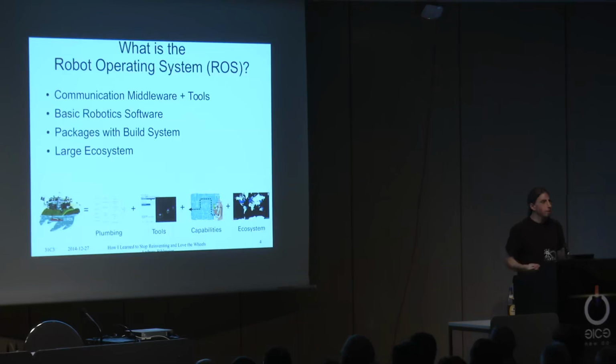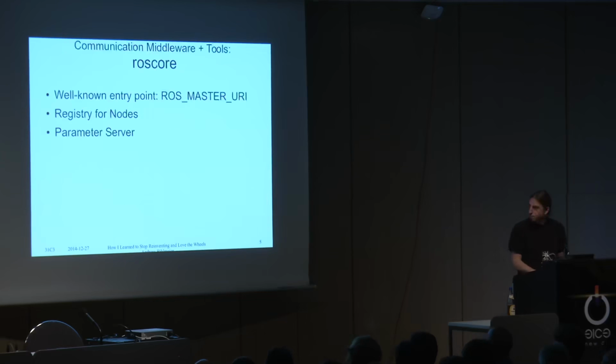But the important point is you can take ROS today, install it, which is easy, apt-get on Ubuntu, and then have a large collection of software available that I will be showing shortly. And these are the 3 main components that make ROS a great tool to use for robotics.